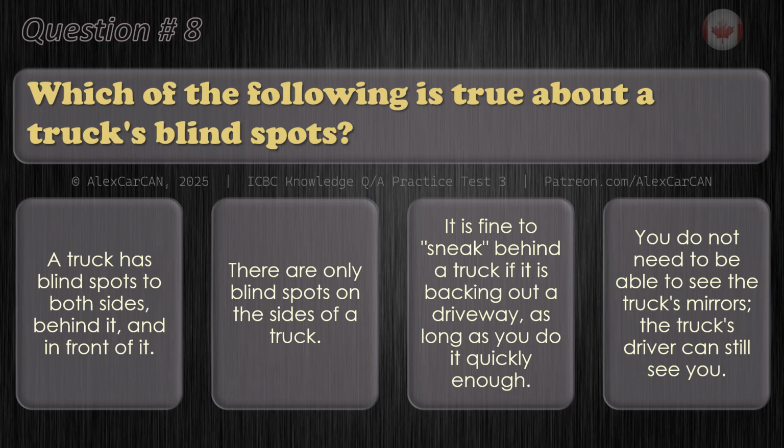You do not need to be able to see the truck's mirrors, the truck's driver can still see you. The correct answer is a truck has blind spots to both sides, behind it, and in front of it.